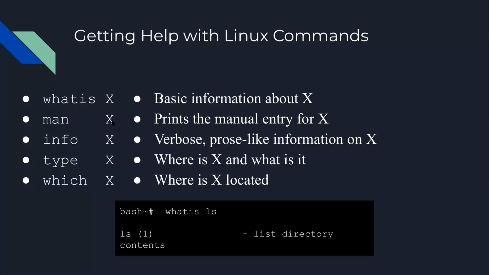If I type man ls, it will print out a relatively long manual entry for whatever ls is. And that manual entry will be a little bit more verbose, and you can read, and it will give you a list of all the options, and it'll give you a little detail of how the actual usage works.